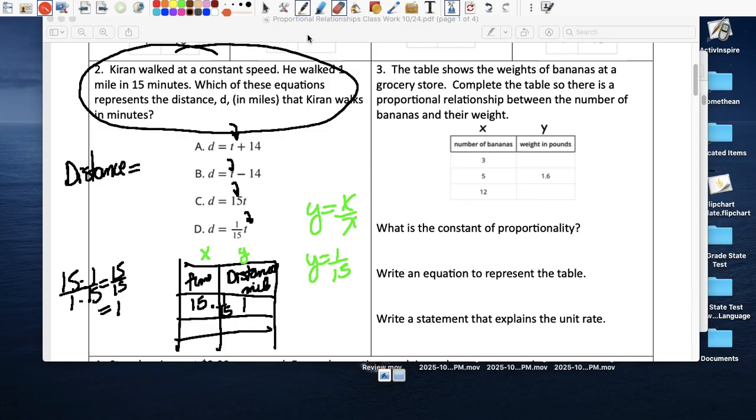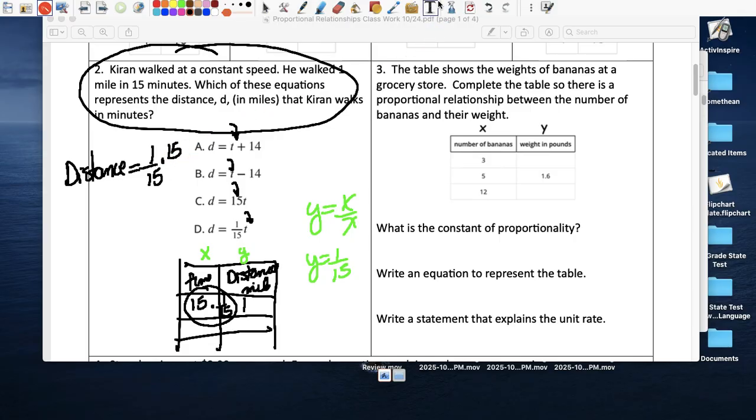So to get to the equation, once you have that, how do I find the distance? What did I do here? I multiplied by 1 over 15 times the time. So I multiplied these two together: 1 over 15 times the number of minutes that you walk.